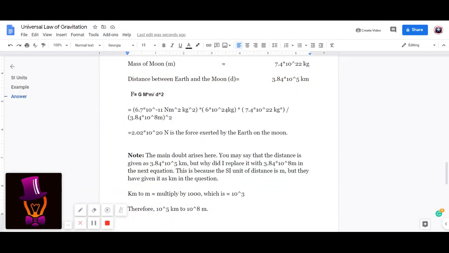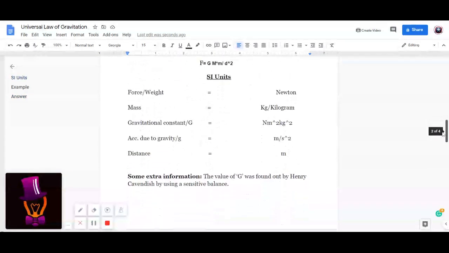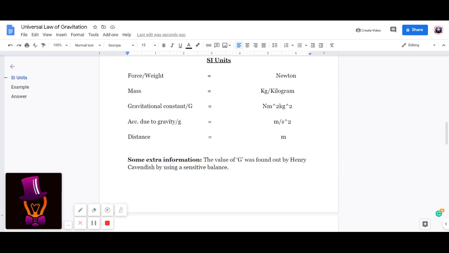Note, the main doubt arises here. You may say that the distance is given as 3.84 into 10 to the power 5 kilometers. But why did I replace it with 3.84 into 10 to the power 8 meters in the next equation? This is because the SI unit of distance is meter. I very well told you that distance SI unit is meter.